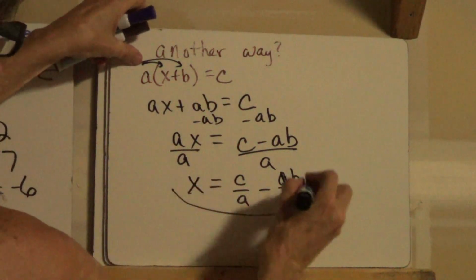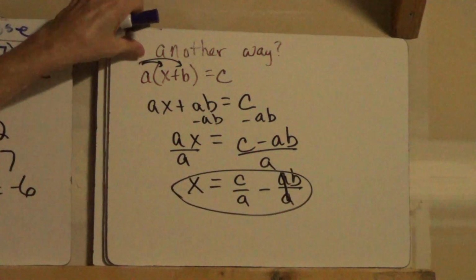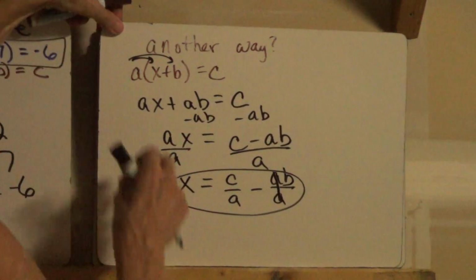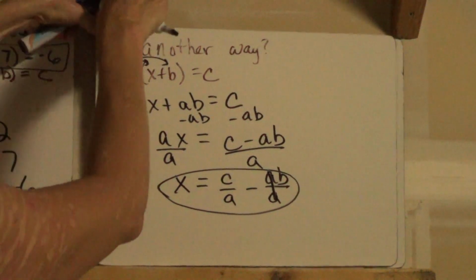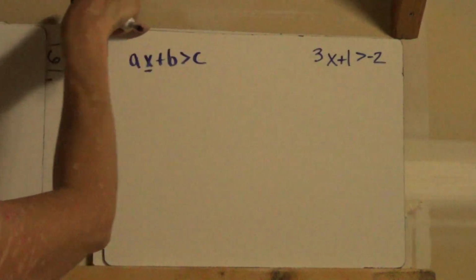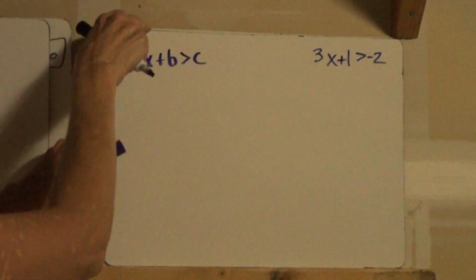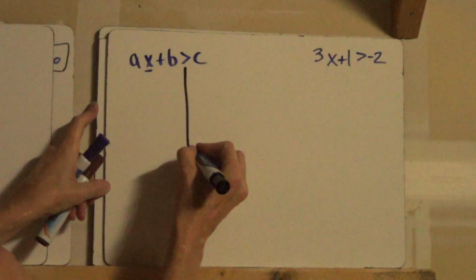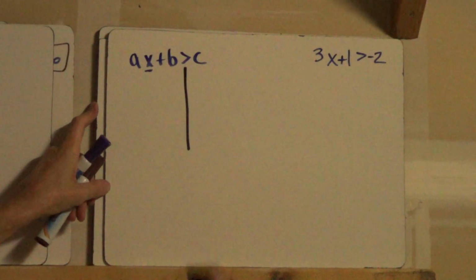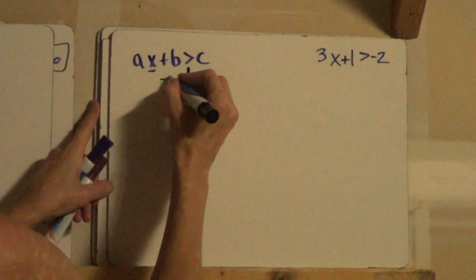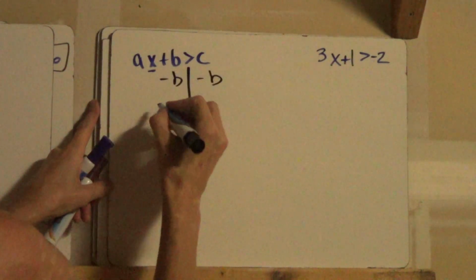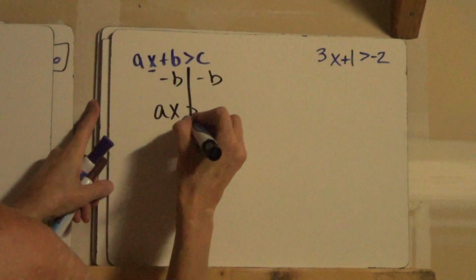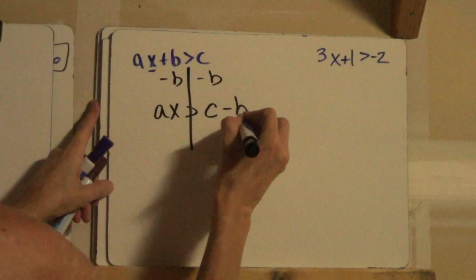As long as you follow your properties, like I've told you, math, there's oftentimes a number of ways to solve problems. Okay, so we're going to just practice this one more time. This is with an inequality. So we subtract the b from each side. ax is greater than c minus b.